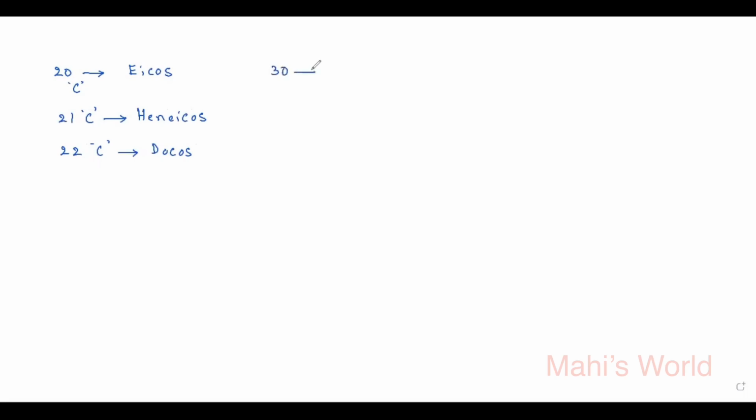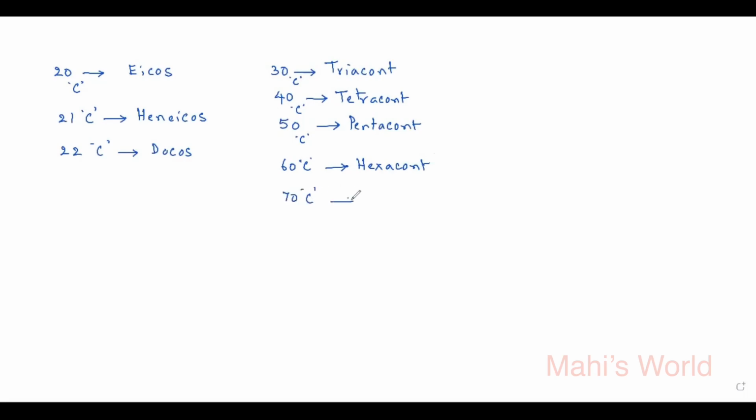And then comes 30. It's called triacont. 40 is called tetracont. 50, pentacont. 60 carbons is hexacont. 70 carbons is heptacont. 80 carbons is octacont. 90 carbons is nonacont.